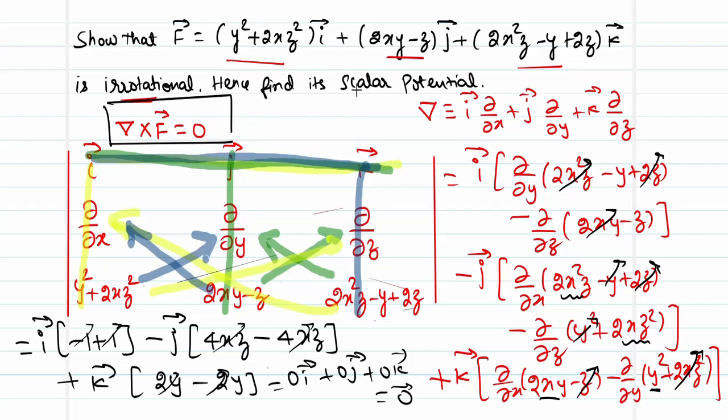And now comes the second part, which is finding its scalar potential. Now how to go about finding the scalar potential? I know that if it is an irrotational vector, then my f vector can be expressed as del phi.